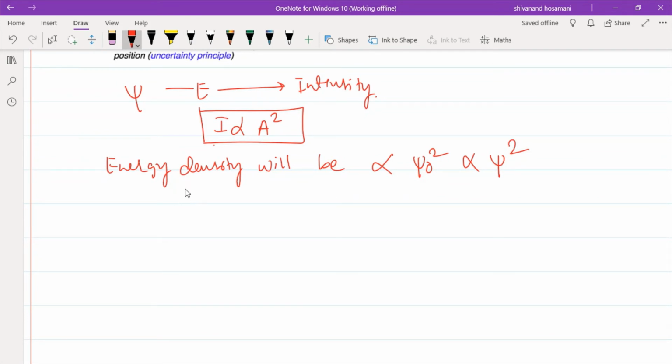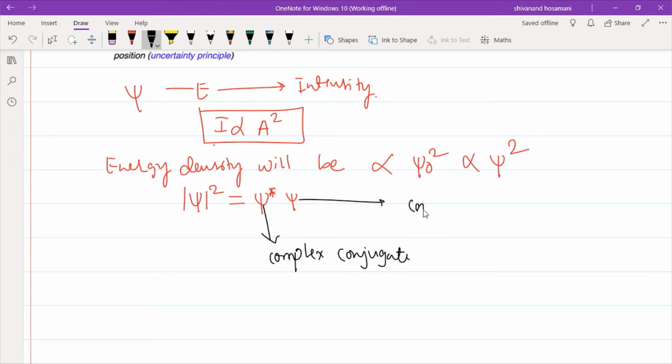So this mod of psi square can be written as psi star into psi, where psi star is nothing but the complex conjugate, and psi is a complex quantity.